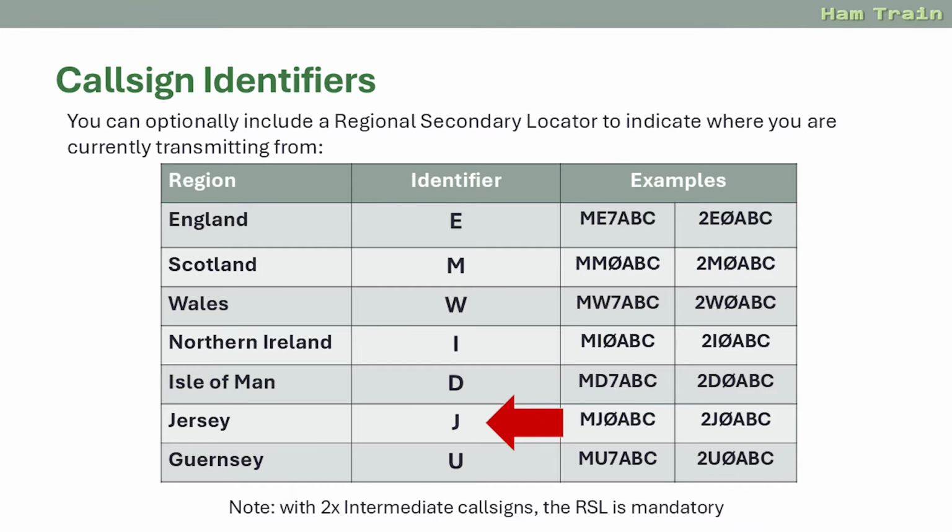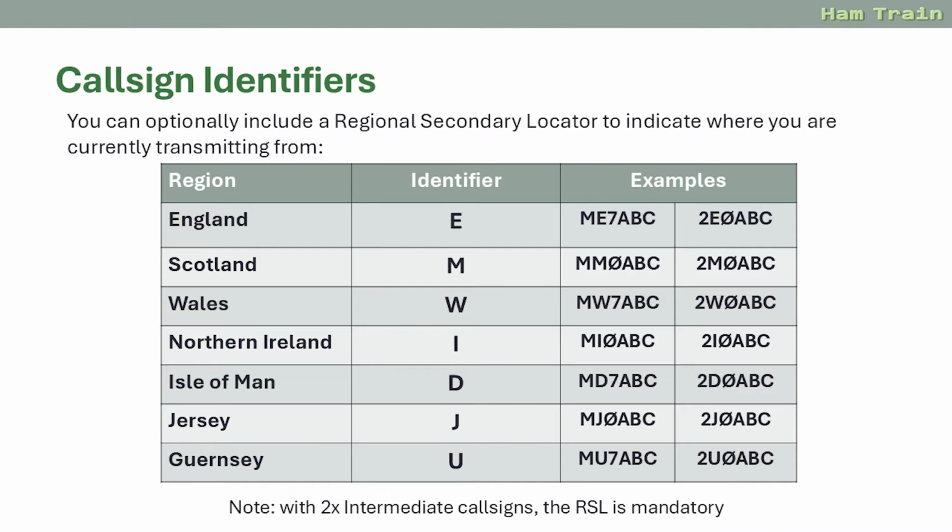Moving on to Jersey, that's a J, MJ0ABC or 2J0ABC. And for Guernsey, it's the letter U, which is the second letter of the word Guernsey. For example, MU7ABC or 2U0ABC.